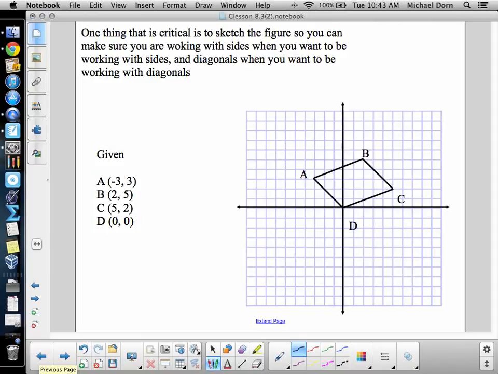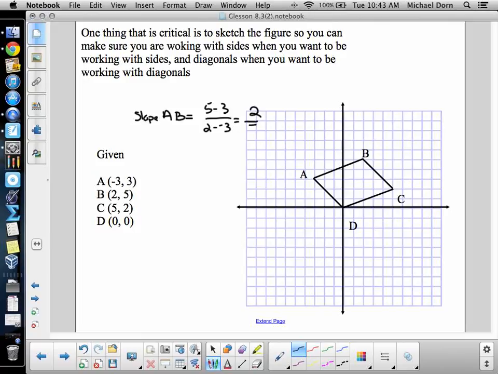So let's start by maybe doing both pairs of opposite sides parallel, because that's our first theorem. So what do I do? I measure the slope. The slope of AB, and I show my math when I do this. So y minus y over x minus x, 5 minus 3 over 2 minus negative 3.